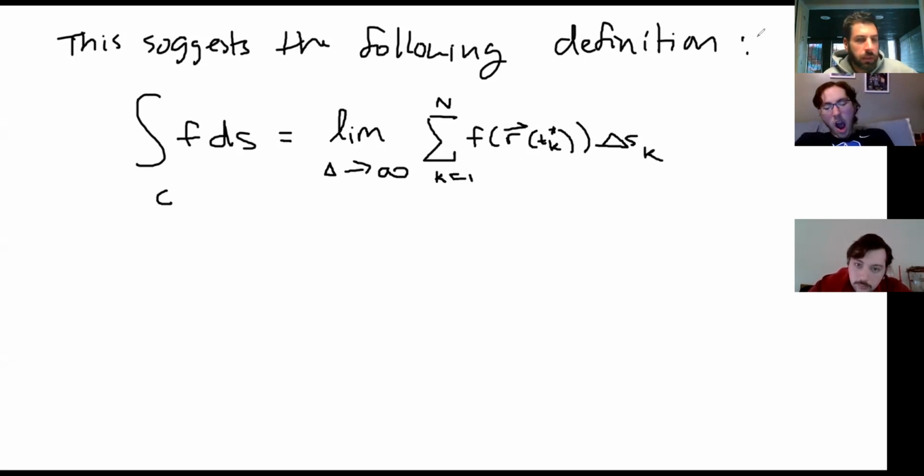We're going to explain what these symbols mean in a second, and we're not going to ever deal with this sum again, but this is the definition.